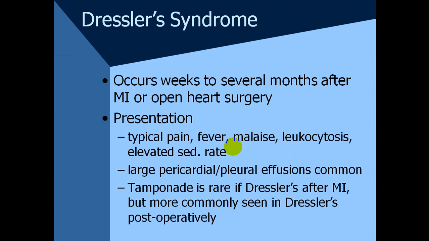Dressler syndrome, as we discussed in the complications of acute myocardial infarction, occurs weeks to several months after MI or open heart surgery. Presentation is typically pain, fever, malaise, leukocytosis, and elevated sedimentation rate. Large pericardial effusion is common.